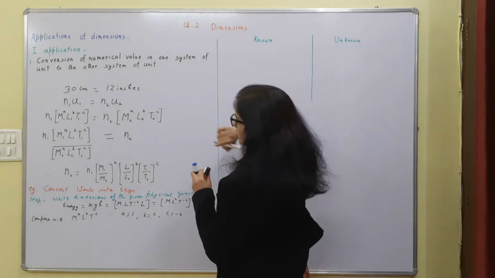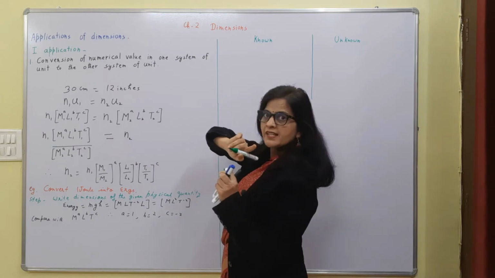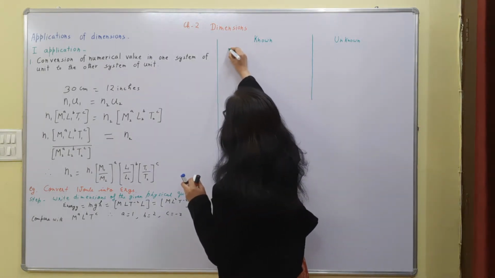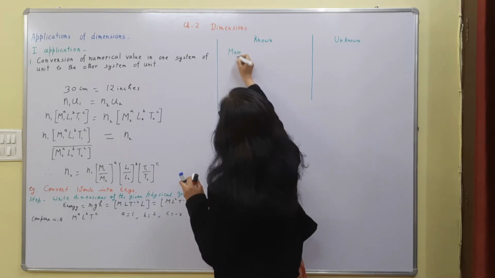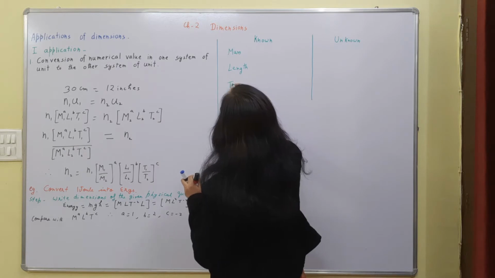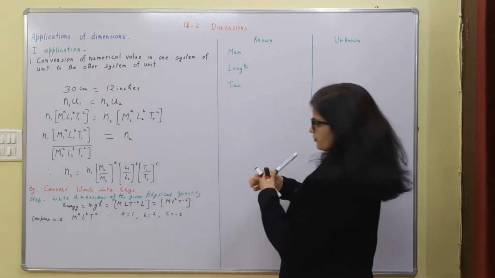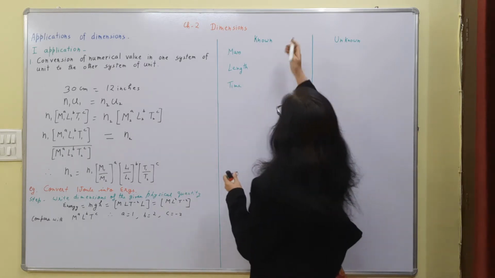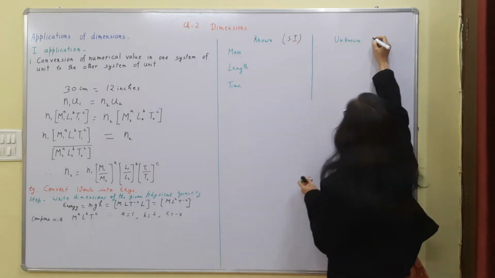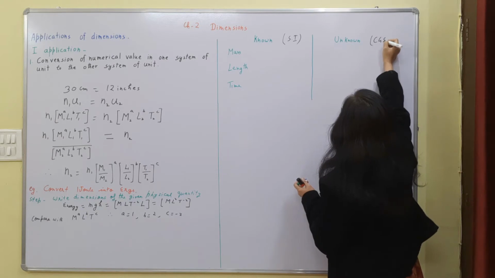For known, we know that this is joule, so this is the SI system. We can write the units for mass, length and time. For this system, the known one is SI and erg is the CGS system.